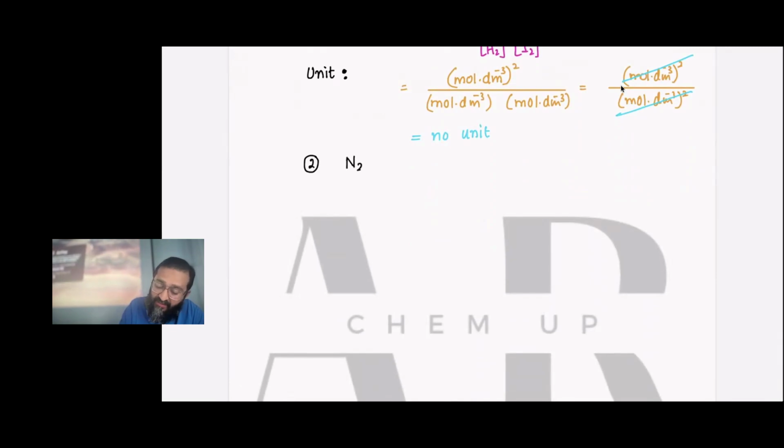We have nitrogen reacting with hydrogen, forming ammonia gas. How to balance this equation?